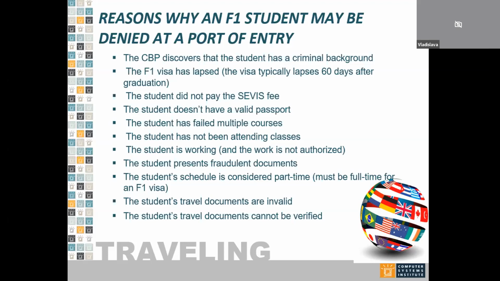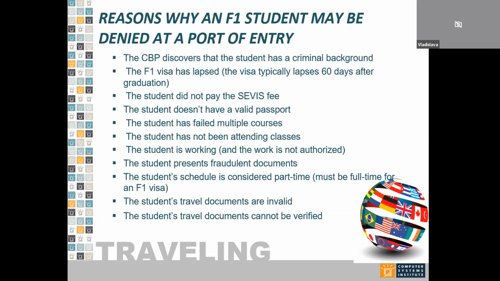So every time you travel abroad, you want to prepare a full packet of documents to be able to answer all these questions from Customs and Border Protection officers. Make sure that your travel document is valid and that your I-20 is up to date. If the Customs and Border Protection officer is not able to verify your information, you will be sent to the second step, secondary inspection.